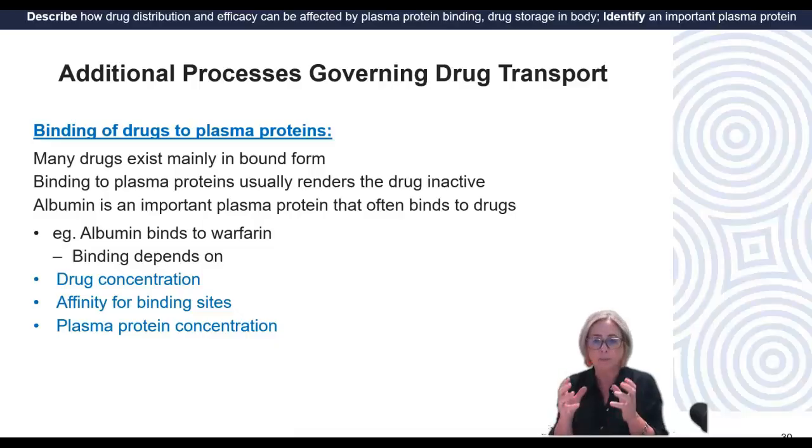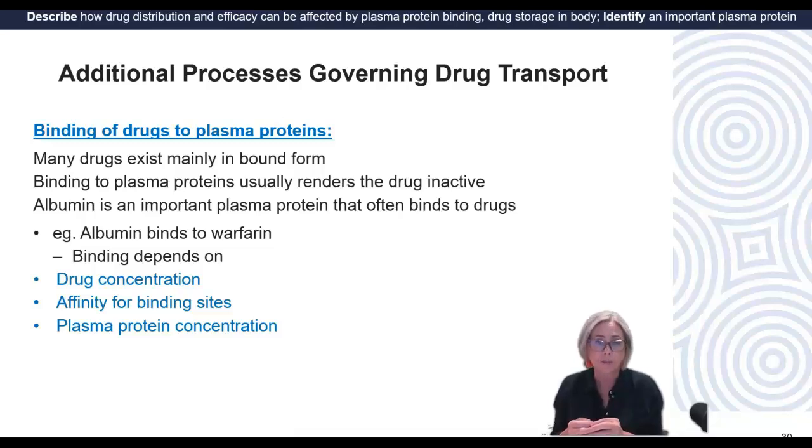So that means 90% of it is inactive while it's bound and 10% of it is free. It's in the active form. What does that mean? It's free to cross membranes. It's free to interact with target cells, but it's also free for metabolism, and it's also free to be permanently excreted from the body.